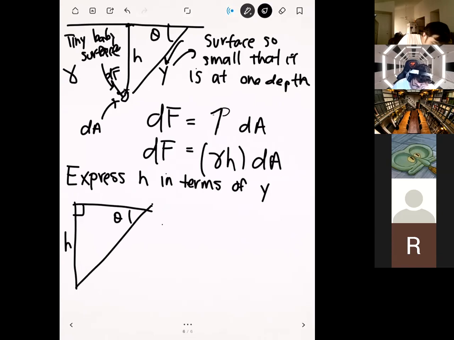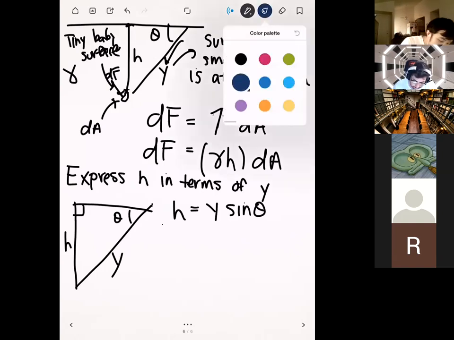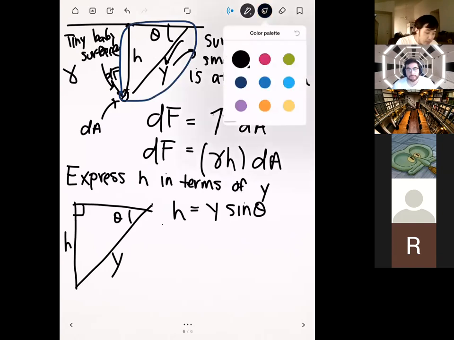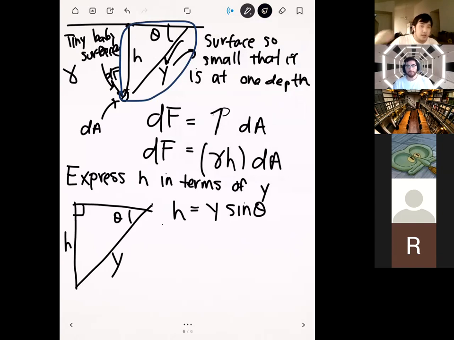If we want to solve for the hypotenuse of this triangle, y, we can say that h is equal to y times sine of the angle theta. All I did here was take the triangle given by this part right here and expand it. Now that we know the depth h, what is the distance y associated with that? I'm just relating h to y, which is the distance along our coordinate axis right here.